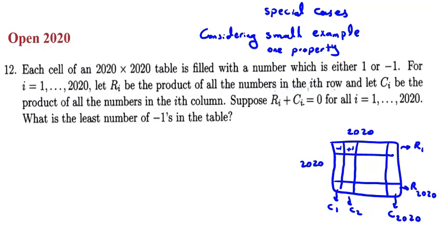Suppose Ri plus Ci is 0 for i equal to 1 to 2020. So R1 plus C1 equals 0, R2 plus C2 equals 0, to the last one, R2020 plus C2020 equals 0. What is the least number of negative ones in the table?